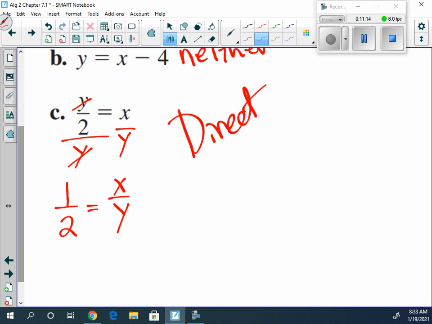Now, this does work, because we have x divided by y equals 1/2. Now, is 1/2 a number? It still works because we still have those variables, x and y, being divided, equals 1/2.